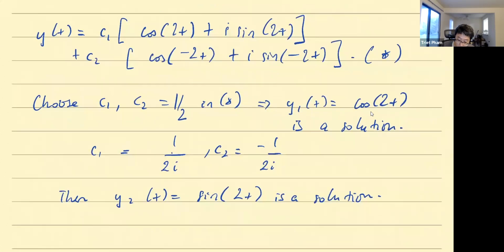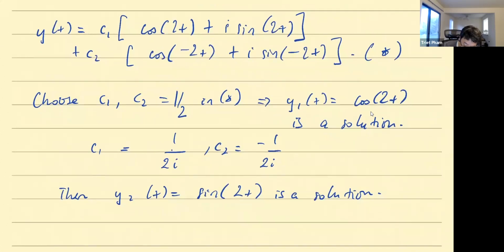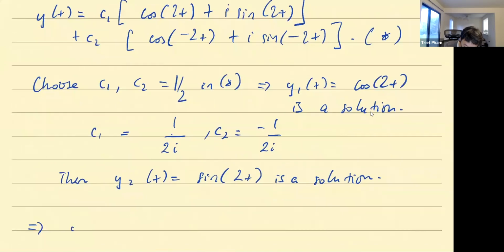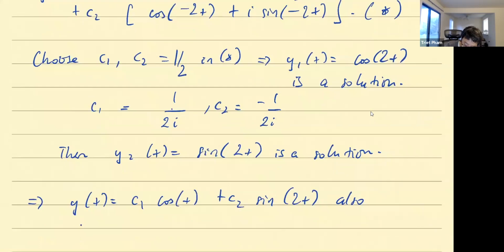And so therefore, that's all we have. Y of t is C1 cosine of 2t plus C2 sine of 2t, and this also expresses all solutions.